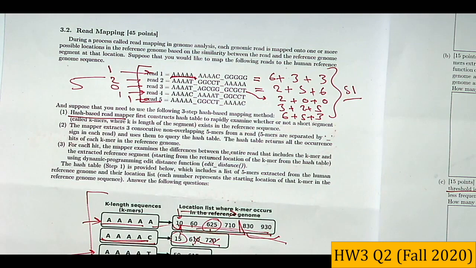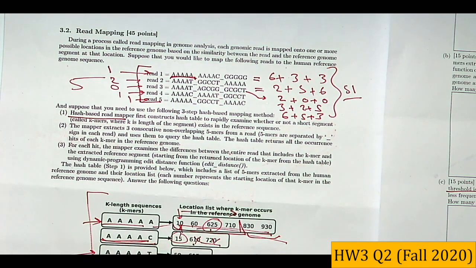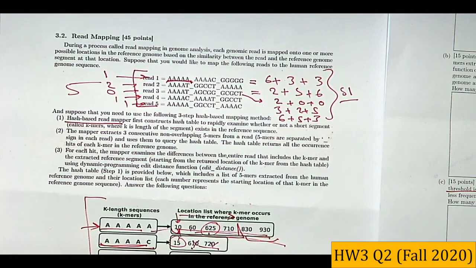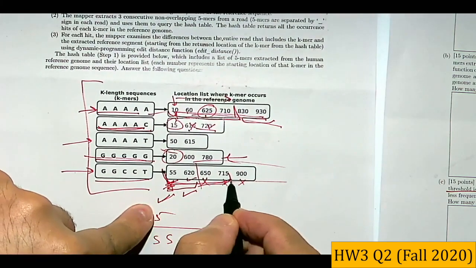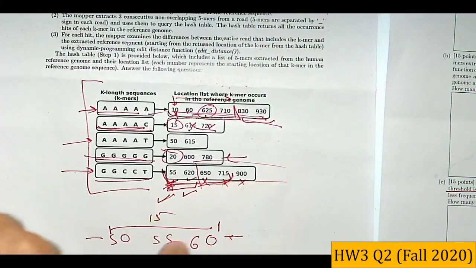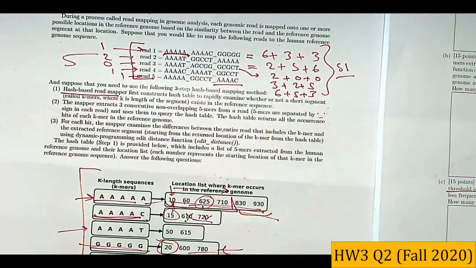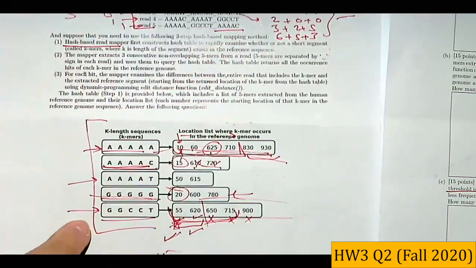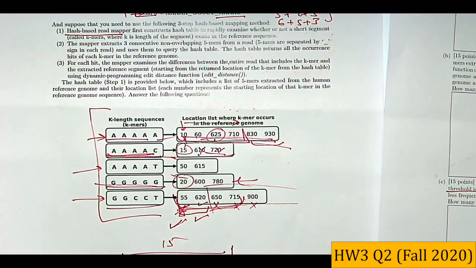Same thing as the 5 A's, where the threshold is 4, so you can consider the first 4 locations, or you ignore this one. And then the last K-mer here is 4 A's, 1 C. 4 A's here, so you got 3 locations. Sorry, on the safe side, you can apply edit distance to 3 of them.